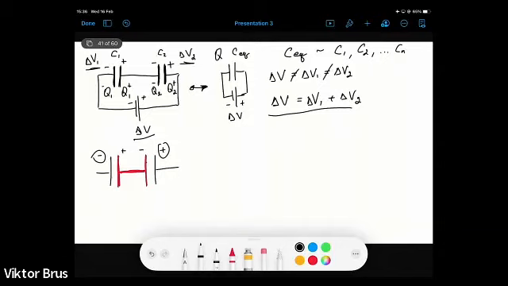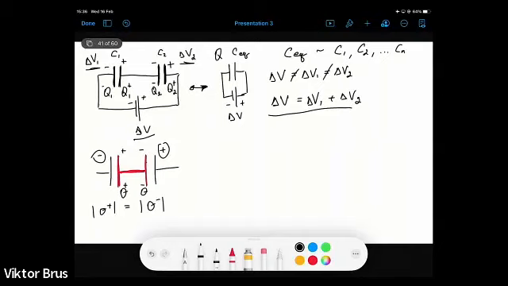If it remains neutral after connecting this battery to the capacitors, it means that charge Q plus and charge Q minus are equal by magnitude. So the absolute value of Q plus should be equal to the absolute value of Q minus.